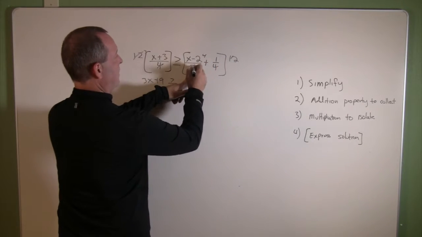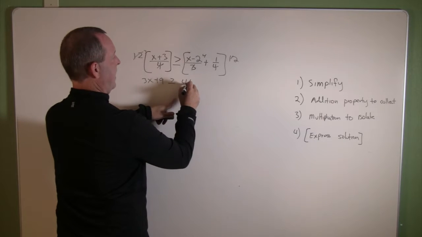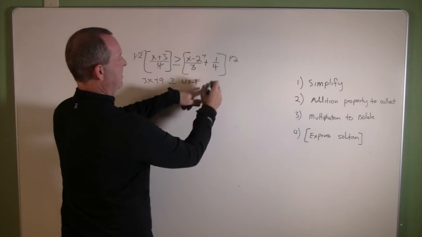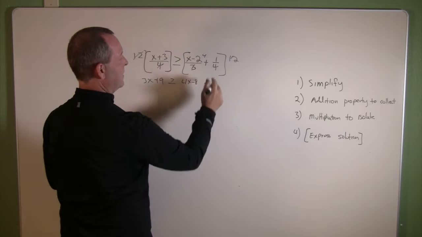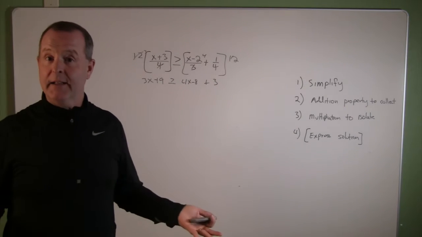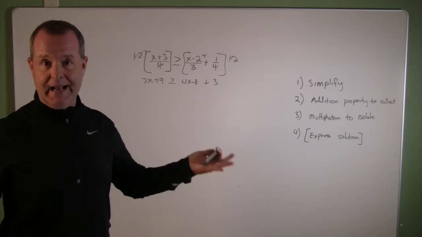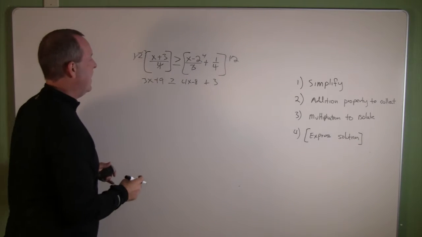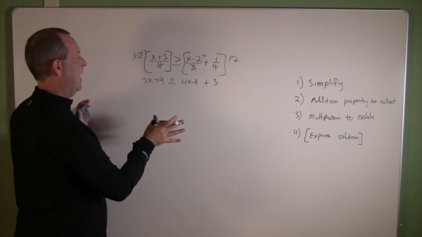That becomes a 4, that disappears. So I have 4x minus 8 plus 1/4 times the 12 is a 3. Hey, simplified by removing the fraction. That's a win. Let's go ahead and collect terms as we go.